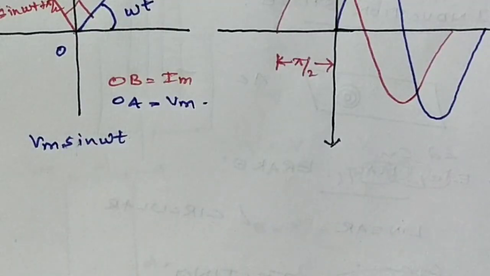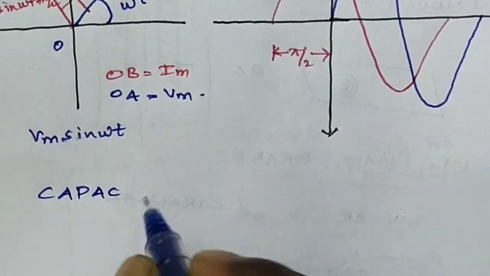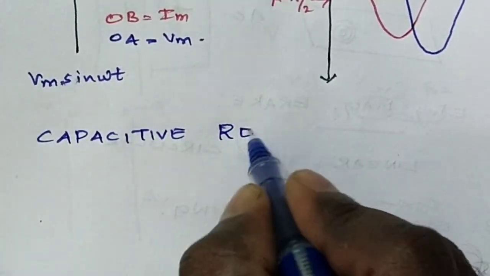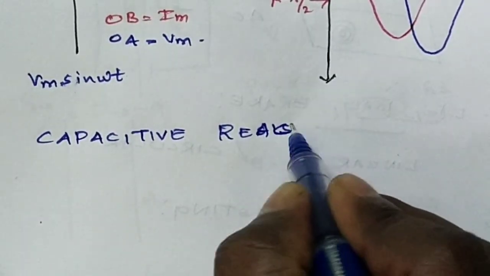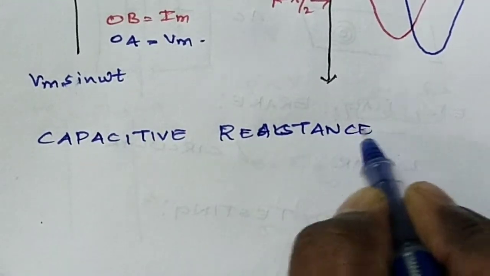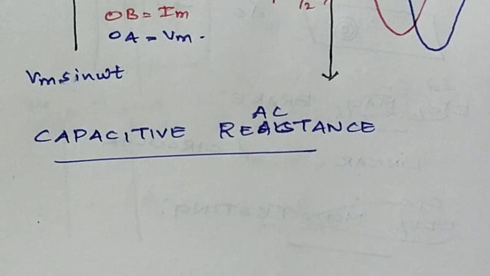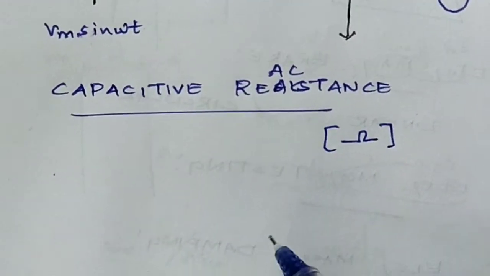Now moving to the capacitive reactance. The resistance offered by the capacitor is called the capacitive reactance. Its unit, like the resistor unit, is the ohm.